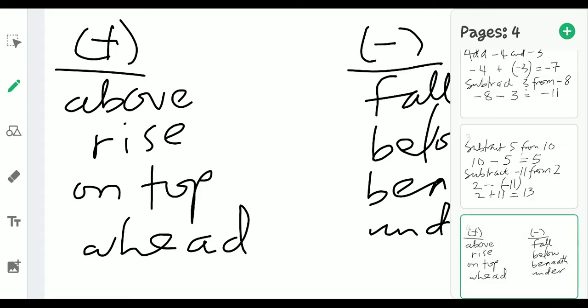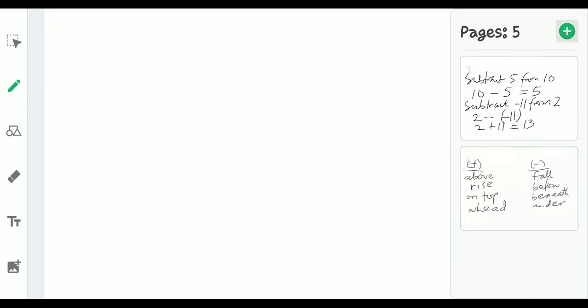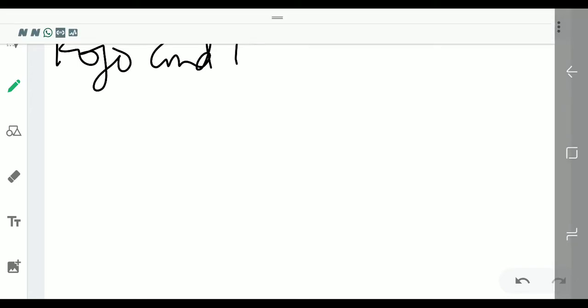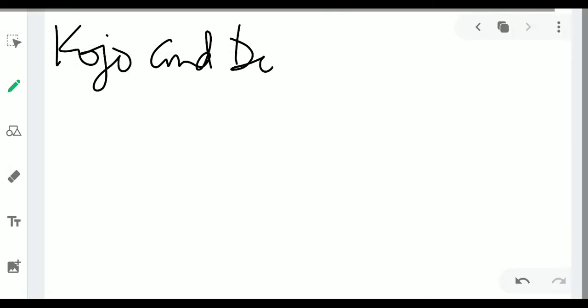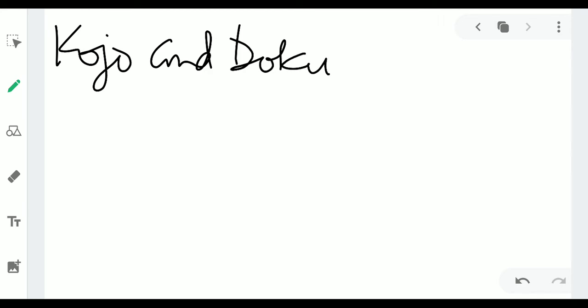Let's look at a simple sentence. Kojo and Doku are diving.